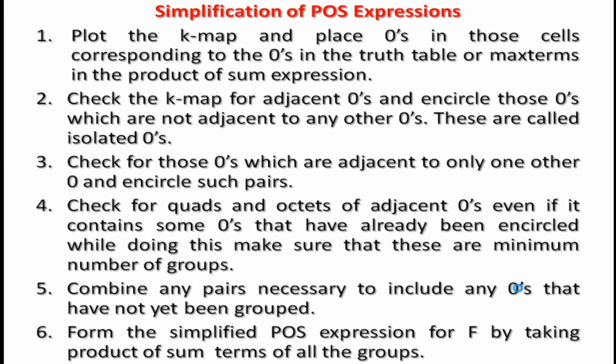The change in the procedure is that in the sum of product expression we group the ones, which we call the min terms, and in the product of sum expression we group the zeros, which we call the max terms. So hope you have understood this procedure.